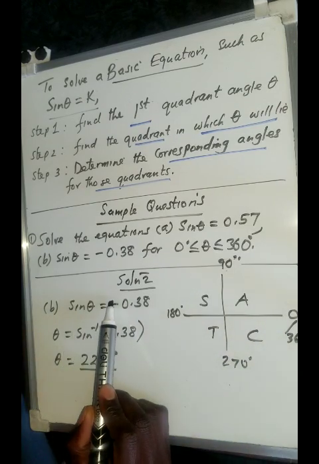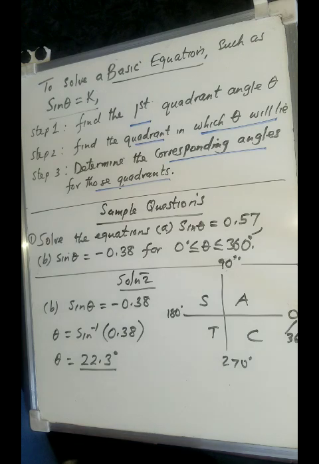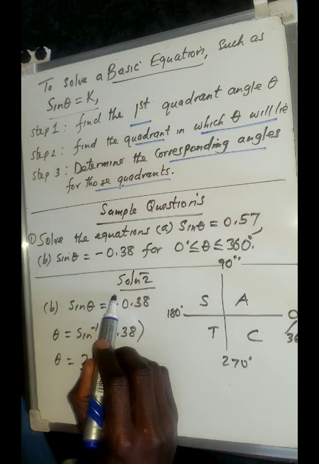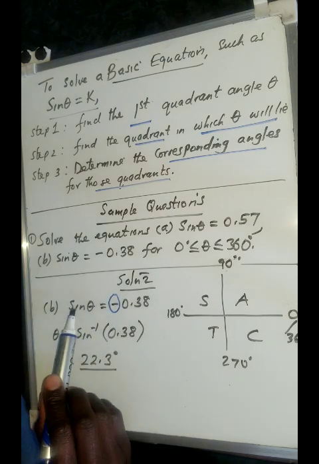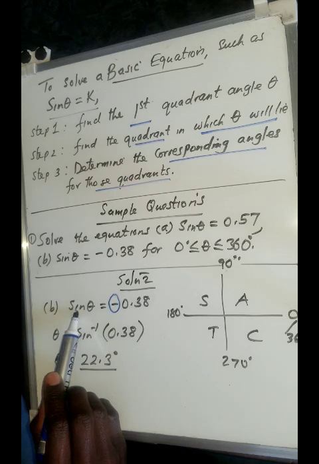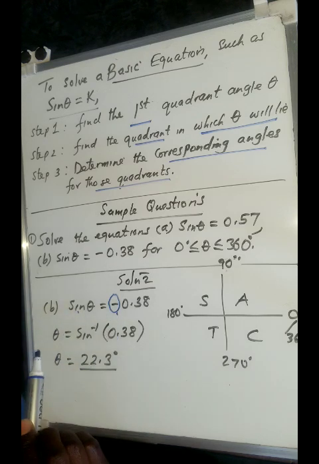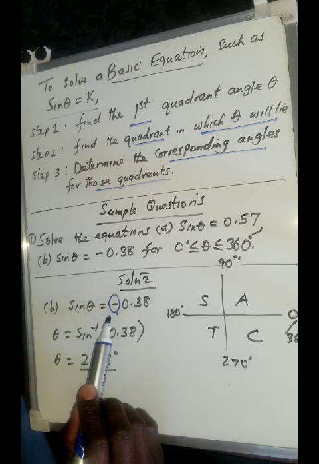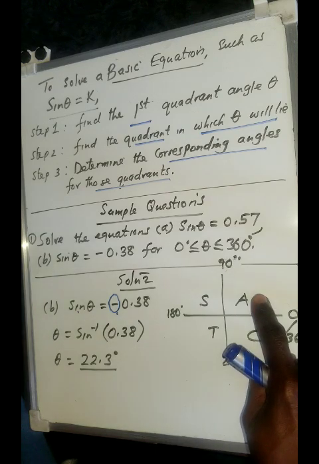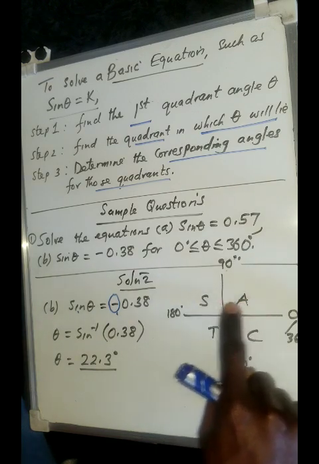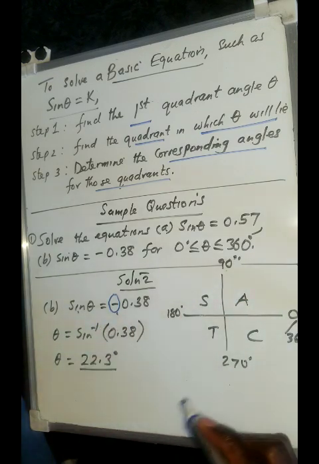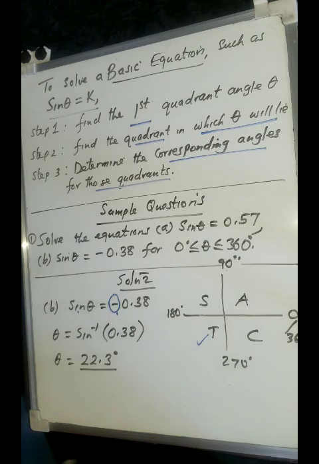Now because there's a negative here, it is telling you you are getting your angles where sine is negative. So where is sine negative? We know in the first and in the second, sine is positive, but where is sine negative? It is simply in the third and also in the fourth quadrant.